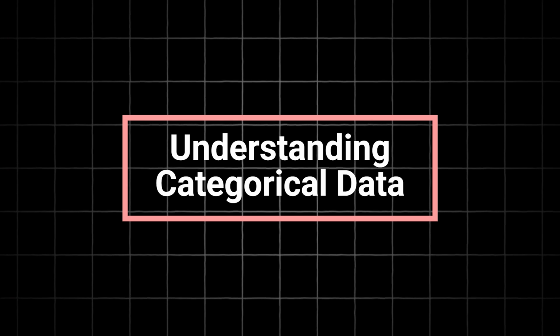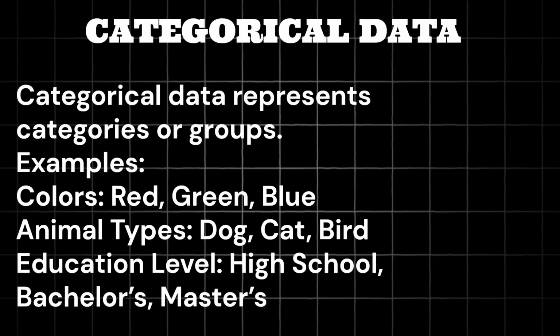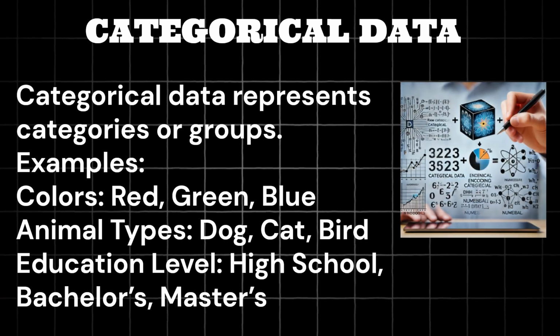Let's start by understanding what categorical data is. Unlike numerical data, which involves numbers, categorical data is made of categories or labels. For instance, color can have categories like red, green, or blue. Similarly, education level might include high school, bachelor's, or master's.